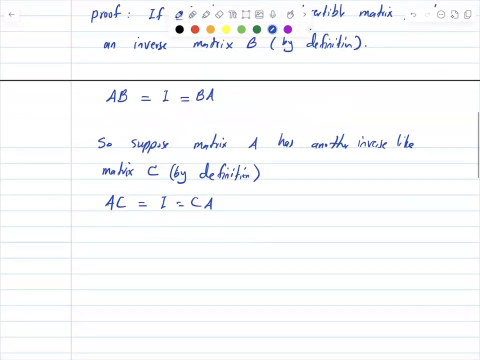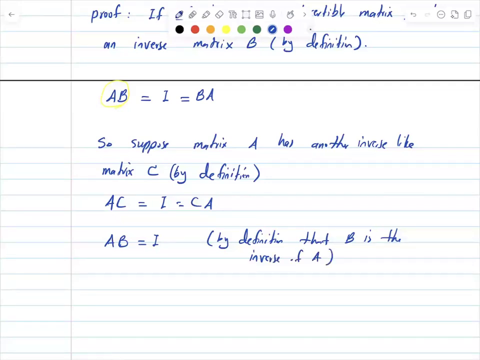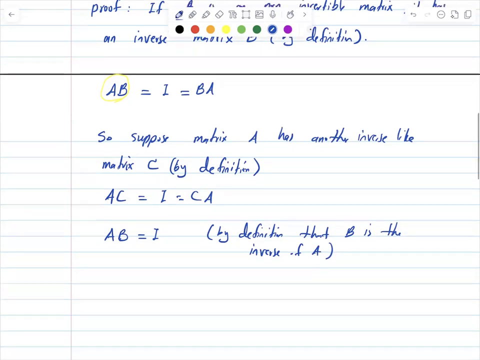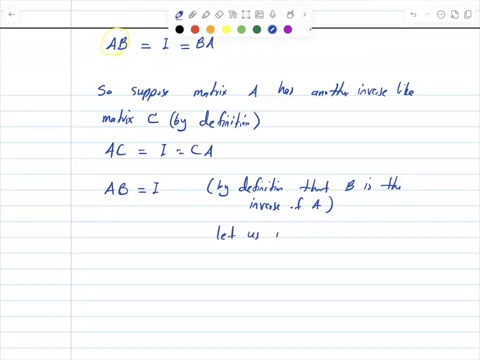Take a look at this. I have AB, and I know A times B is equal to the identity matrix by definition, since B is the inverse of A. Let us multiply both sides by matrix C. Why not? You're allowed to do that.